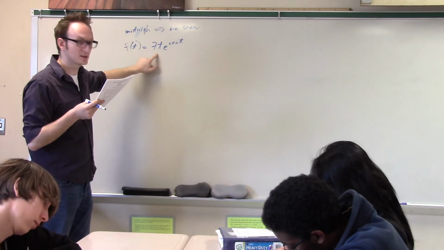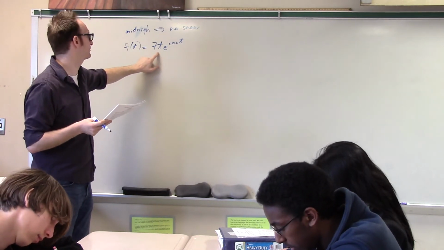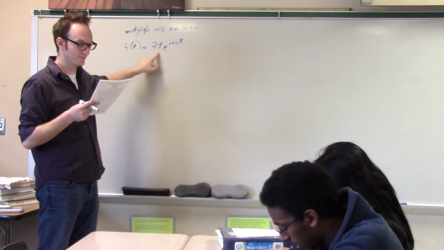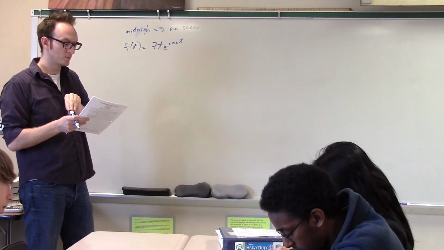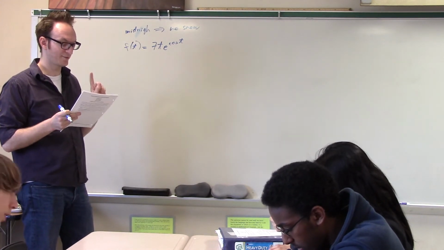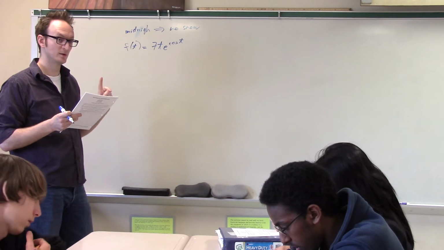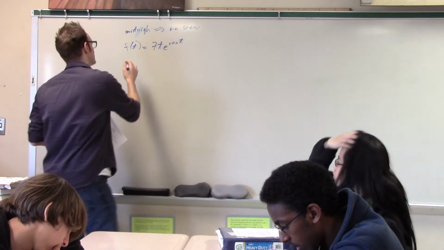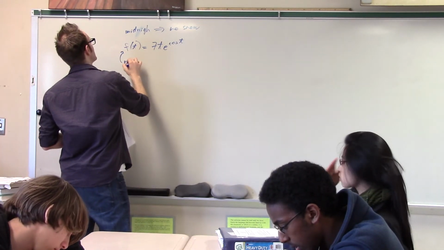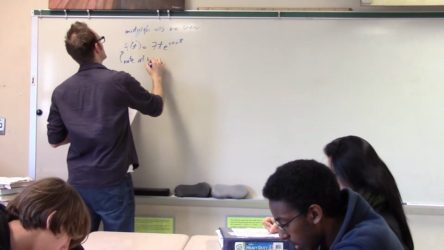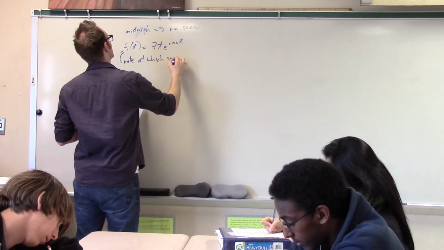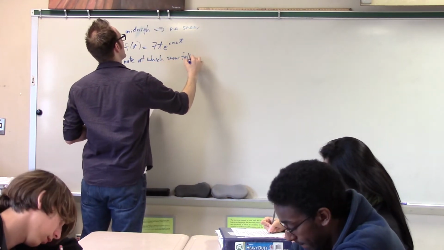Then what does this function actually represent, Zach? Tell me again. The volume of the snow that's... Careful. The rate of change. Yeah, this is the rate at which the volume of the snow changes. That's what I meant. This is the rate at which snow falls. And we're assuming no melting or anything.